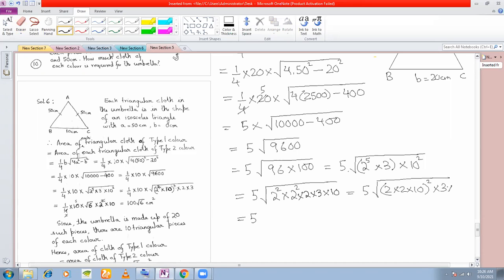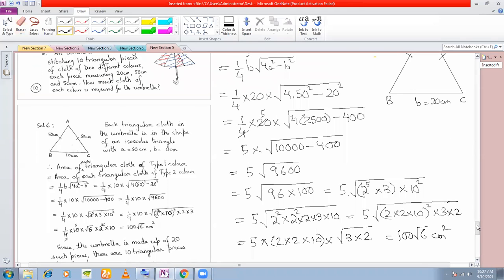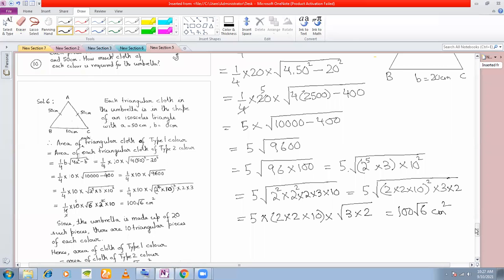So there will be an extra 2 here. Now you can remove the radical, so this becomes 5 into 2 into 2 into 10 into square root of 3 into 2. You multiply all this, you'll get 100 root 6 centimeter square. This is the area of one triangular piece of cloth.